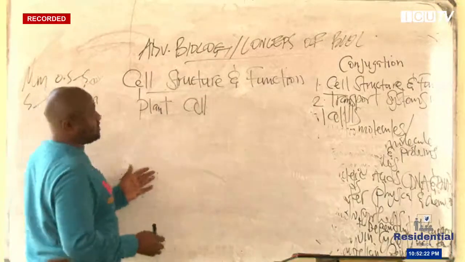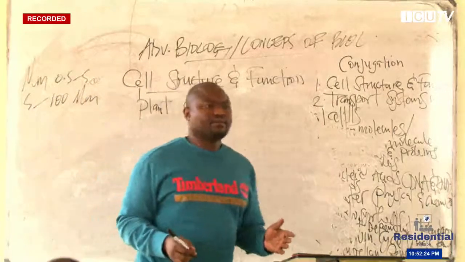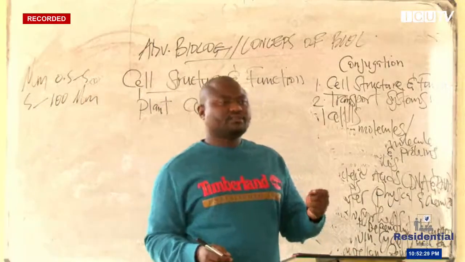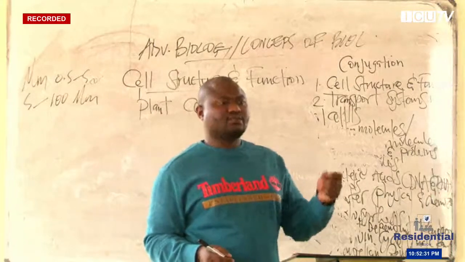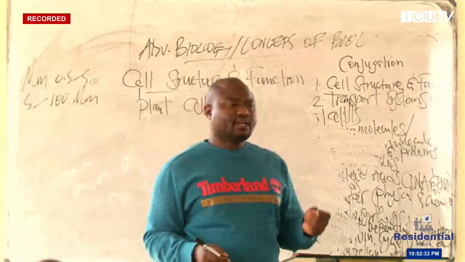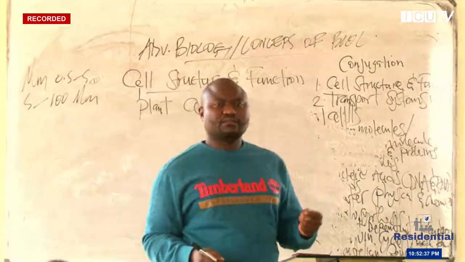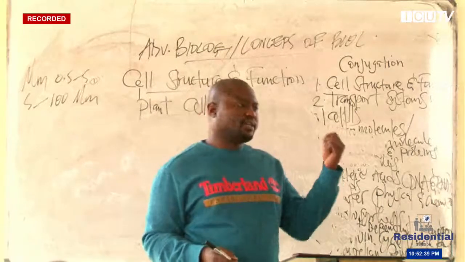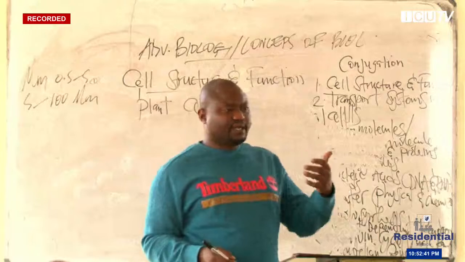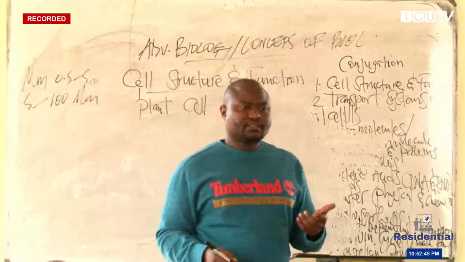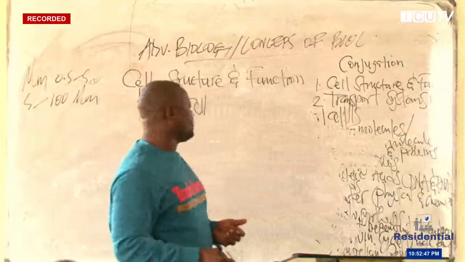So what I'm going to sketch here is a typical diagrammatic illustration of a plant cell. What we were looking at was a typical diagrammatic illustration of a bacterial cell, a prokaryotic cell.